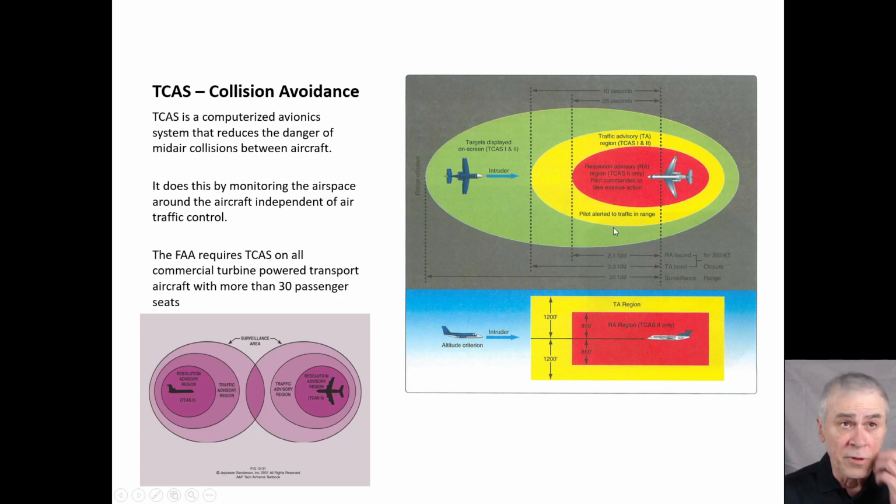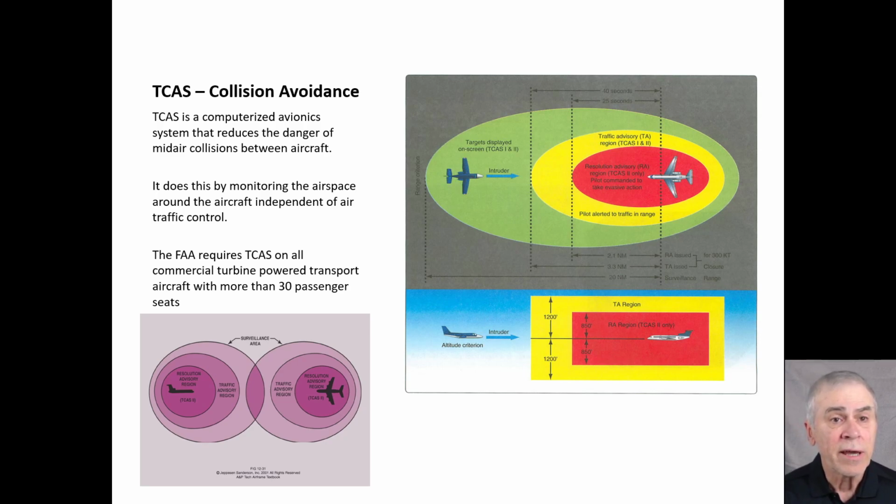Okay, the next system is TCAS, Traffic Collision Avoidance System. It's a computerized avionics system that reduces the danger of mid-air collisions between aircraft. Does so by monitoring the airspace around the aircraft independent of air traffic control. The FAA requires TCAS on all commercial turbine-powered transport aircraft with more than 30 passenger seats.